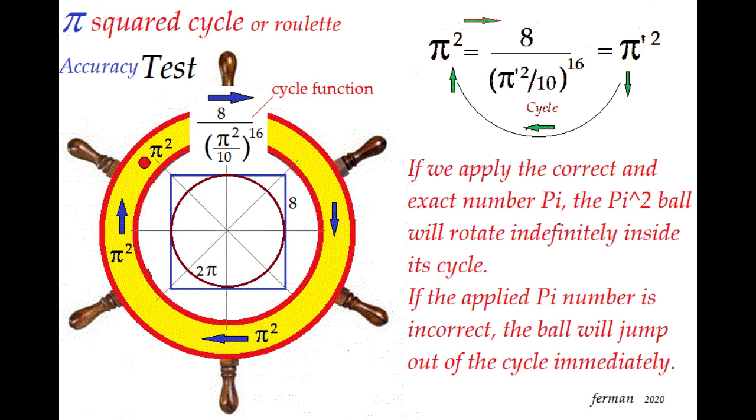Geometrically, we can suppose a roulette circuit, with the dimensions of pi squared, and on which we make the ball of this roulette circulate, exponentially increasing in each turn the possible inaccuracies of this value, in such a way that if the pi applied is exact, the circuit remains unchanged indefinitely, but if the applied pi is not exact, the circuit will wobble and quickly be destroyed. And now let's look at it a little more extensively.